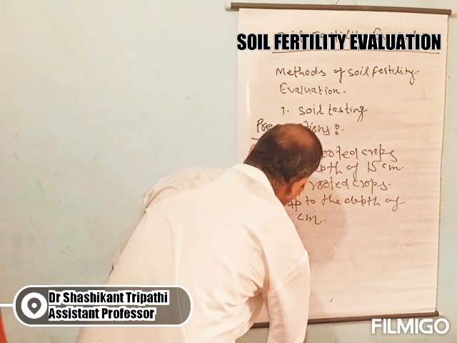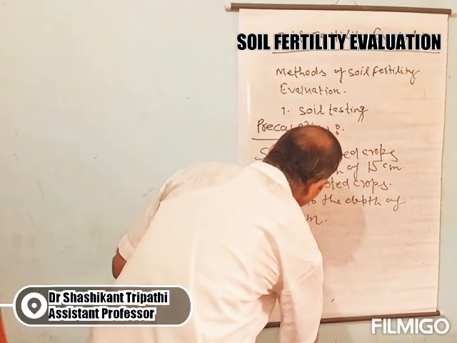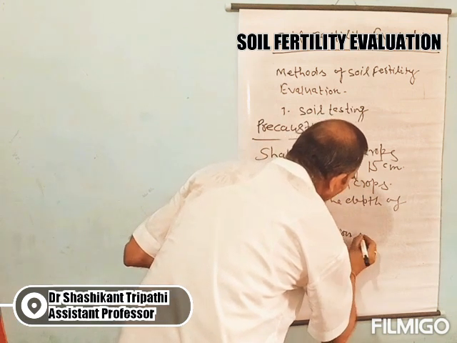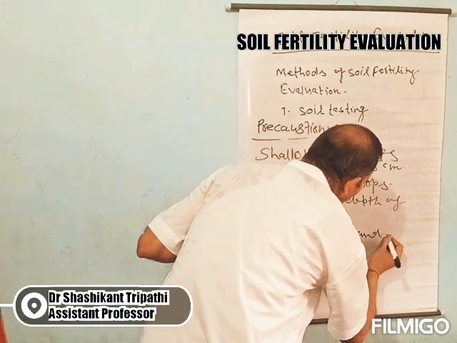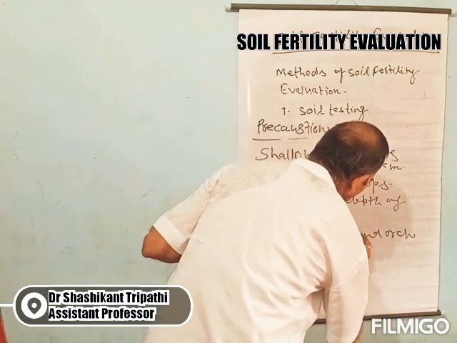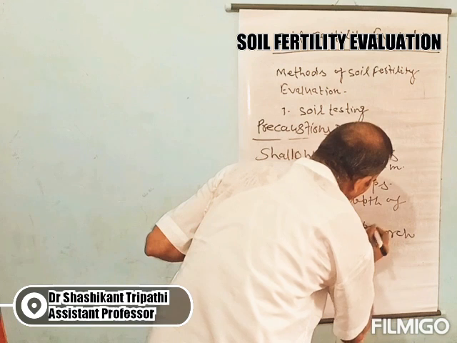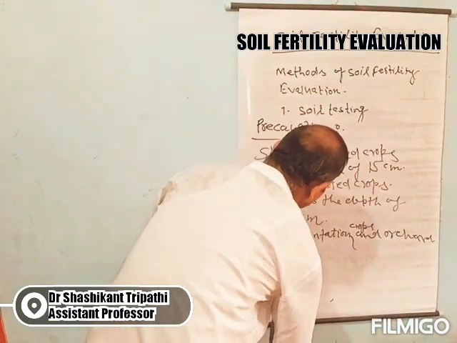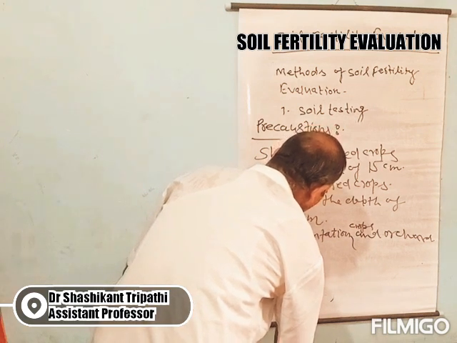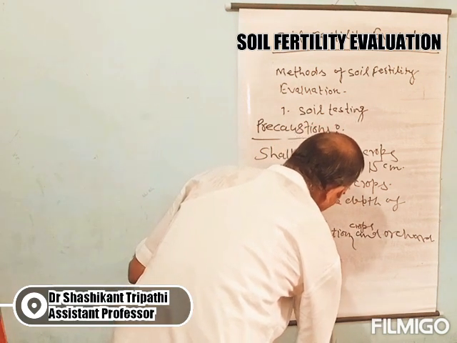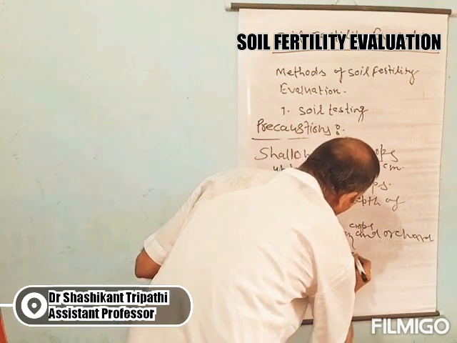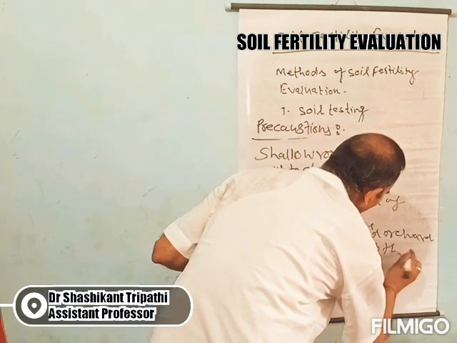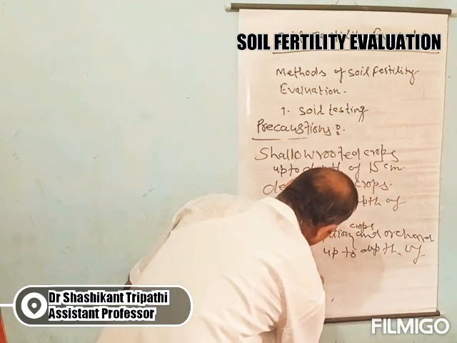For plantation and orchard, plantation crops and orchard, take the samples up to the depth of 90 centimeter.